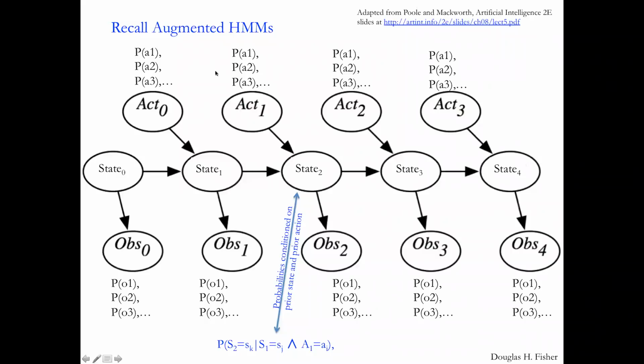These are unconditional probabilities. These are actions, possible actions that an agent can take. And these are unconditional probabilities.